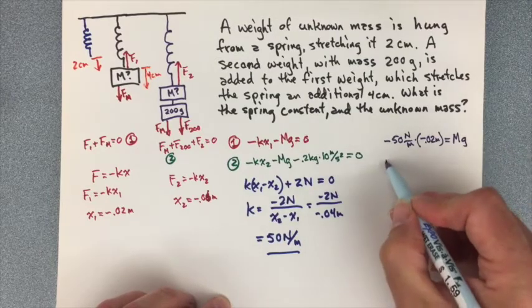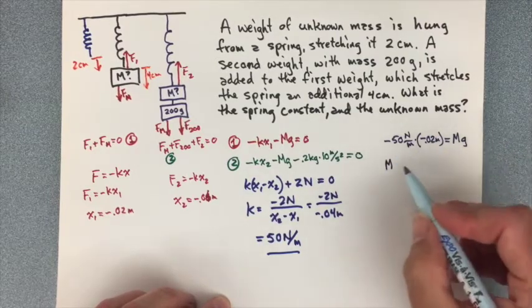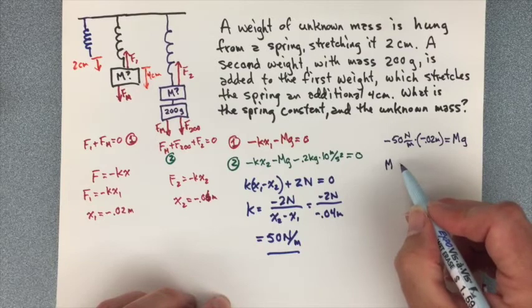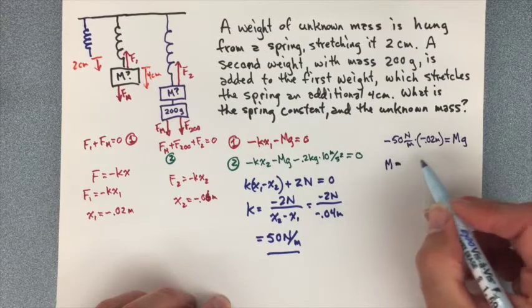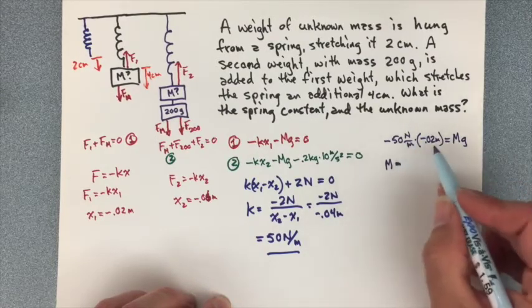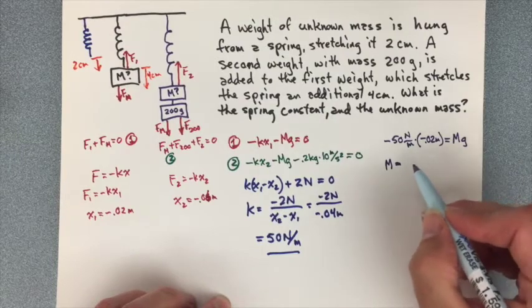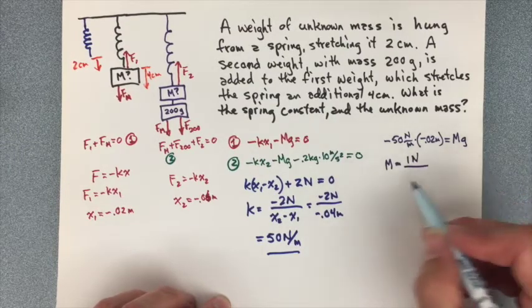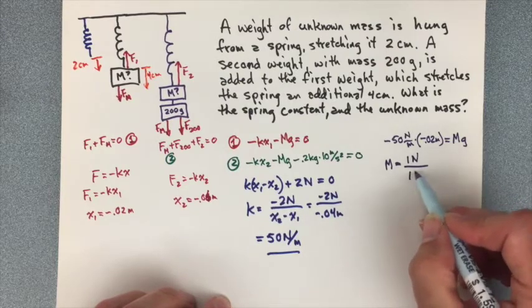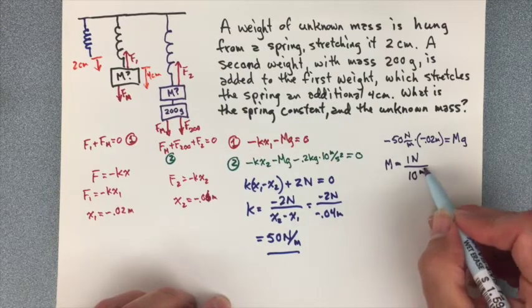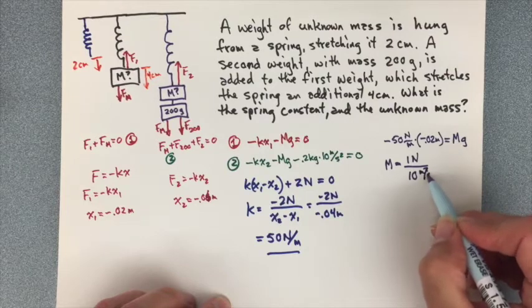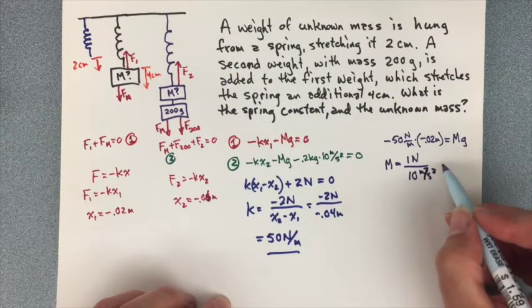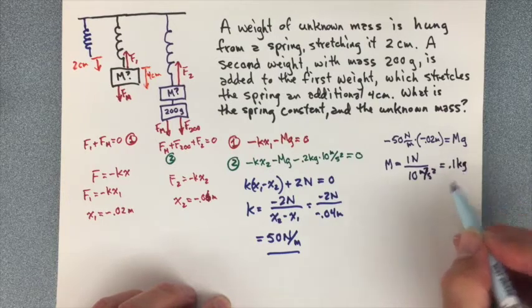Notice the minus signs there cancel out. So I can find that mass as being this, 50 times 0.02, or 1 newton, divided by g, which again I will approximate as 10 meters per second squared. And I get 0.1 kilogram, or 100 grams.